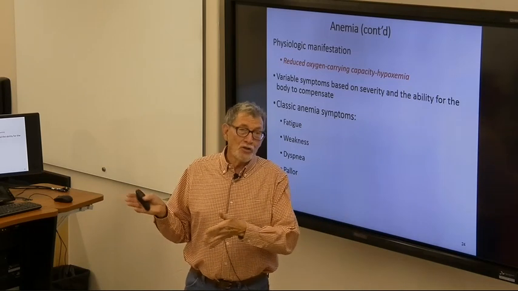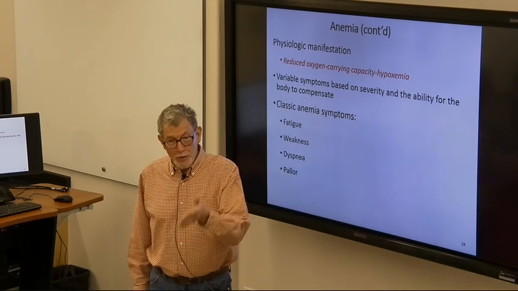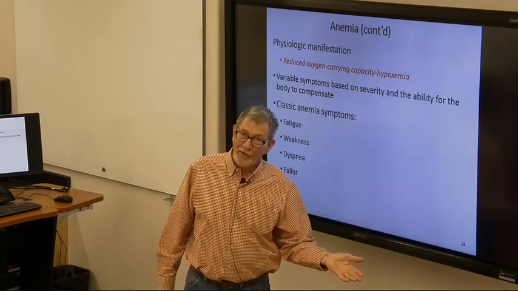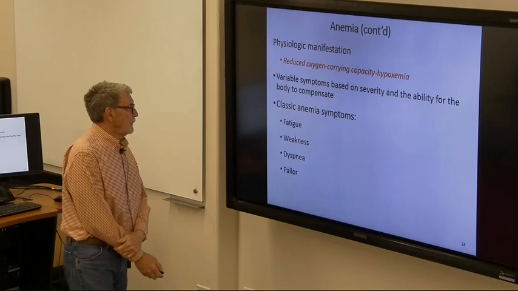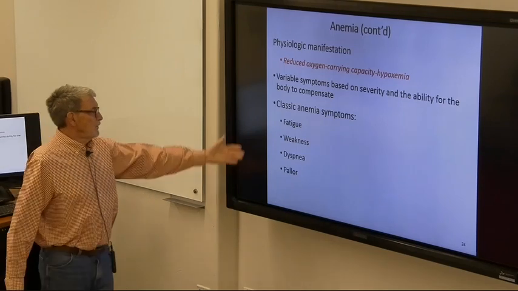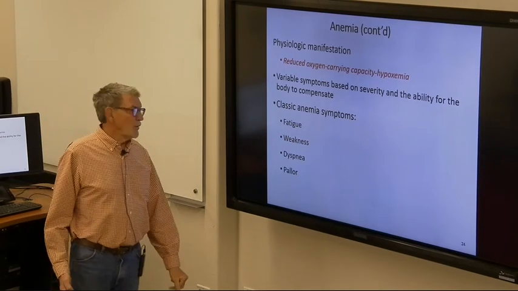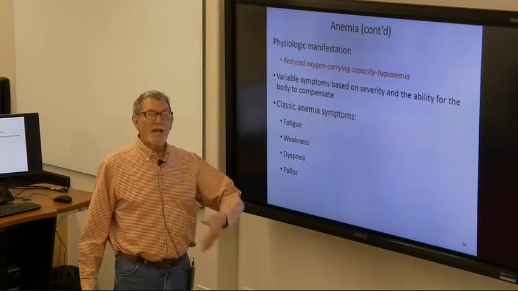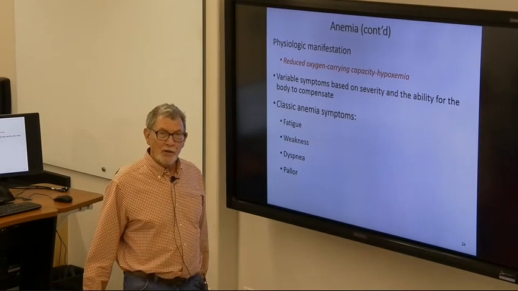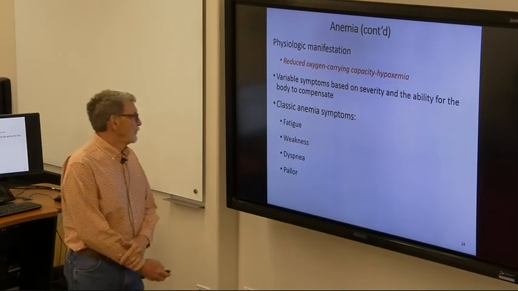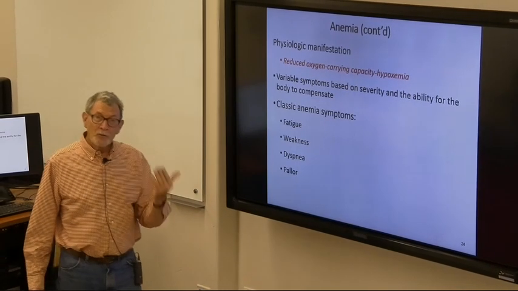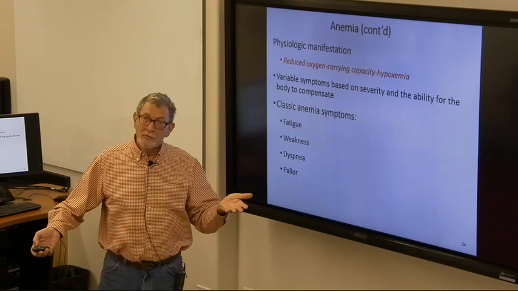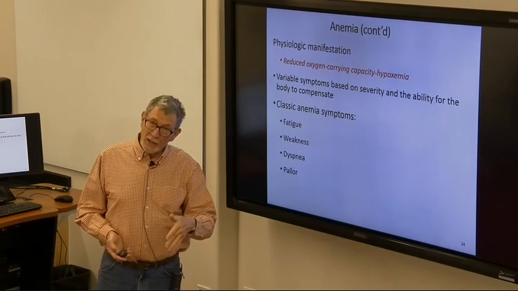Again, it could be because you don't have enough in the blood, or maybe you blocked it off and the blood can't get there. But hypoxemia means you're not carrying enough in the blood. Get tired, weak, can't breathe very well, you're always gasping for air because you don't have enough oxygen. Get pale because hemoglobin is red, it makes you pink. If you don't have enough oxygen, you get kind of pale.